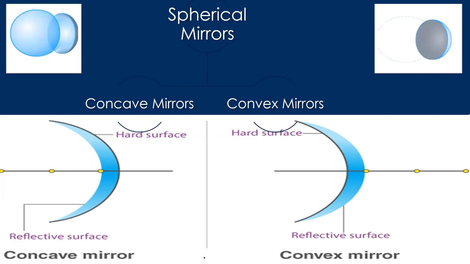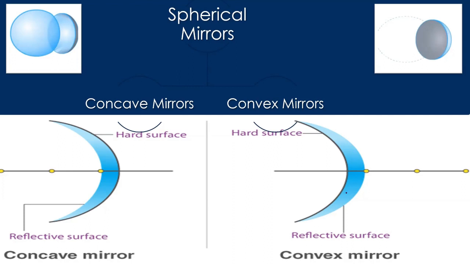For the concave mirror, the bulged-out part is coated; the black line which you can see is the silver lining. So that becomes your opaque surface, and the blue part is your reflecting surface. On the contrary, in a convex mirror, the inside part, the concave part, is given a silver coating, and the blue part, the bulged part, is your reflecting surface.